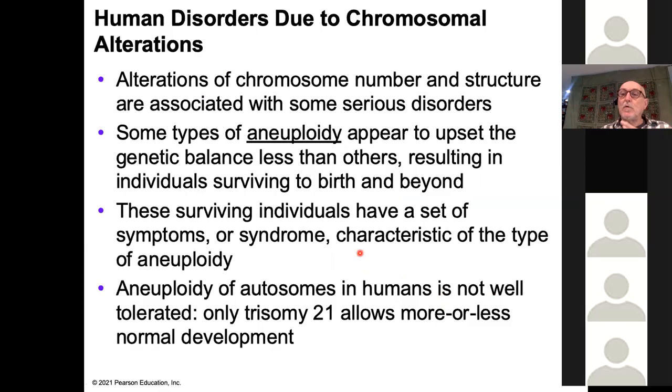There are only a few of these aneuploidies in the autosomes, not the sex chromosomes, that are tolerated at all in human beings. The one which we know very well, which is tolerated extremely well, is trisomy 21. Trisomy 21 means there are 3 copies of chromosome number 21, and this produces Down syndrome.